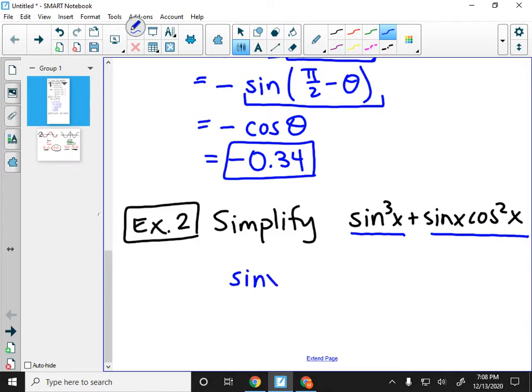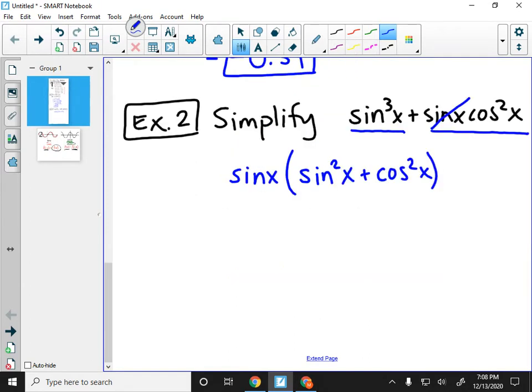So I'm going to factor out that sine of x. I'm going to undo the distributive property. If I take one sine out of sine cubed, that'll leave me with sine squared of x. And if I take one sine out of the sine cosine squared, that sine is completely gone because I'm factoring it out, which leaves me with cosine squared of x.